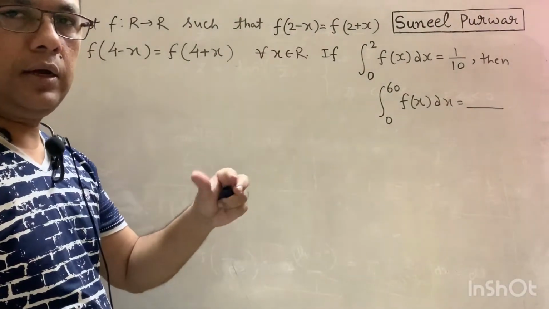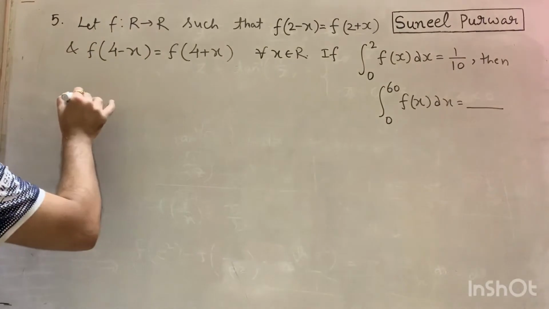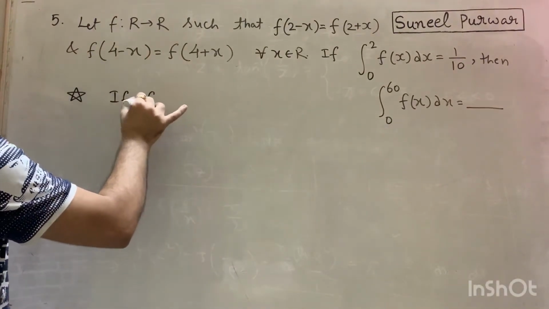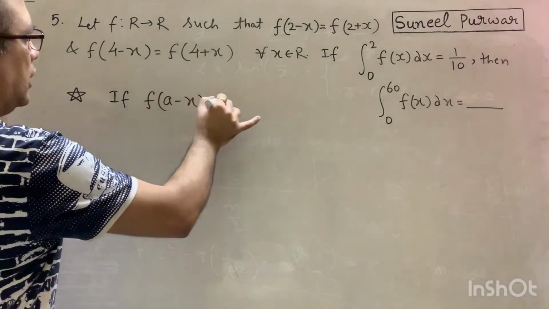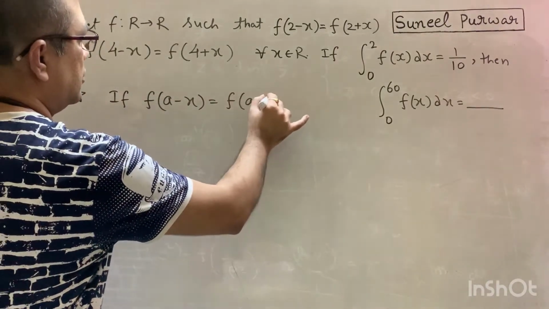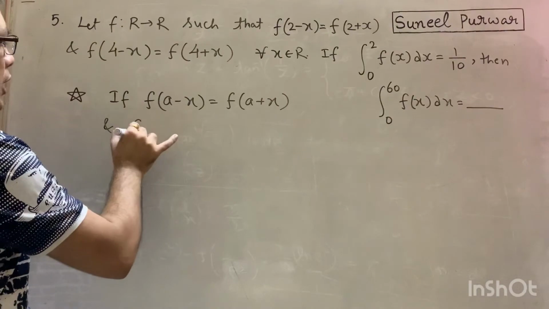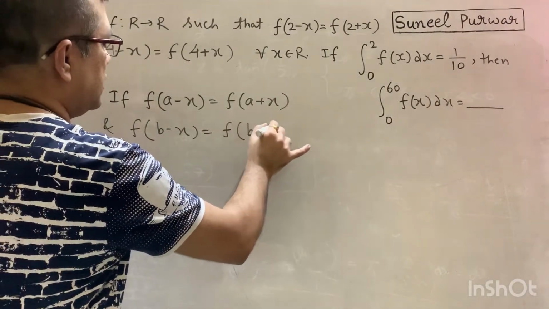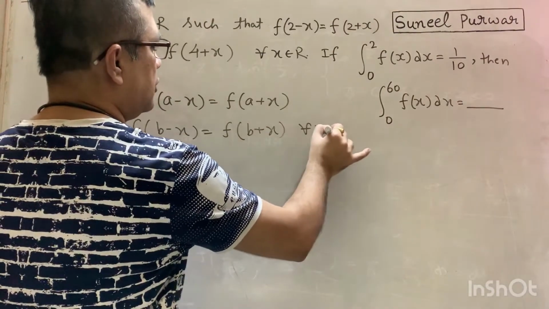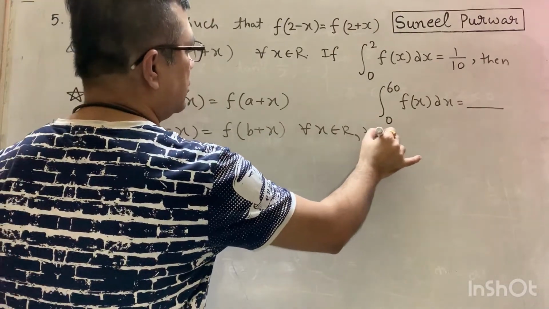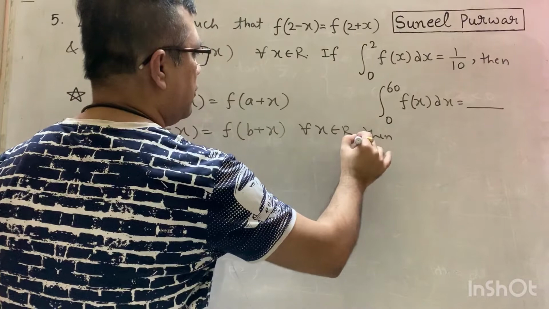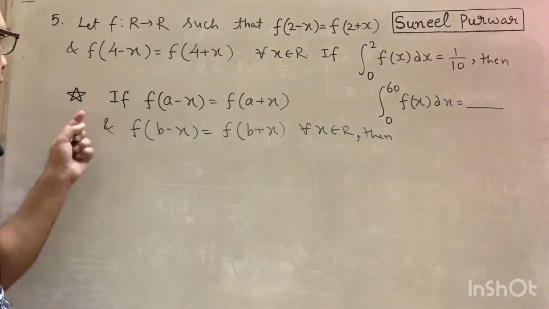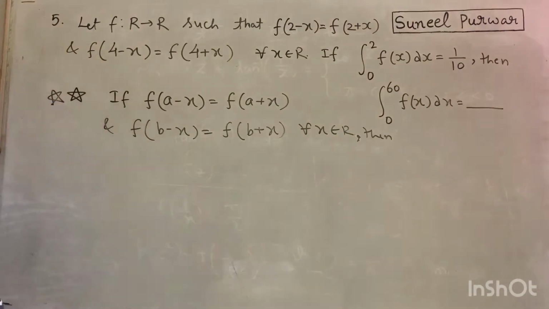In fact, I can give you a result. If f of a minus x is equal to f of a plus x, and f of b minus x is equal to f of b plus x for all x belonging to R, then f of x will be a periodic function. A very important point not to be forgotten.